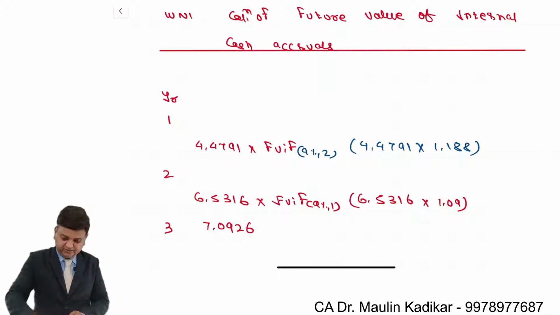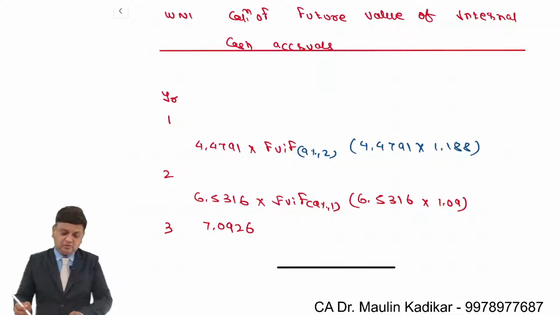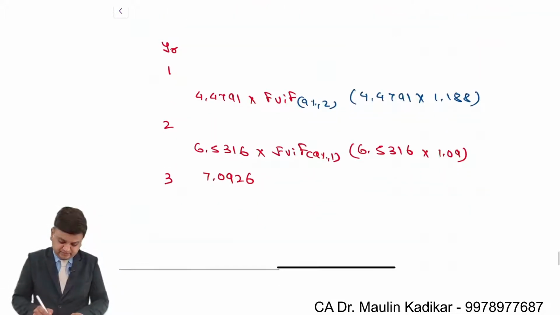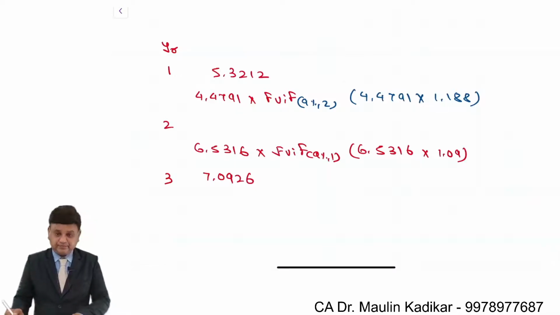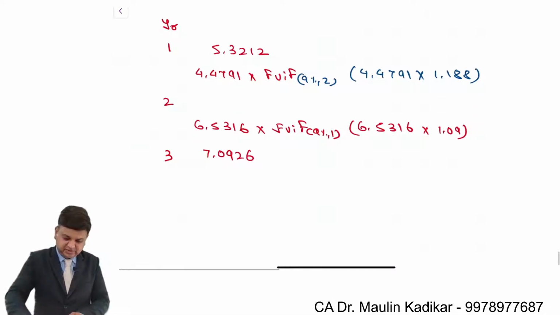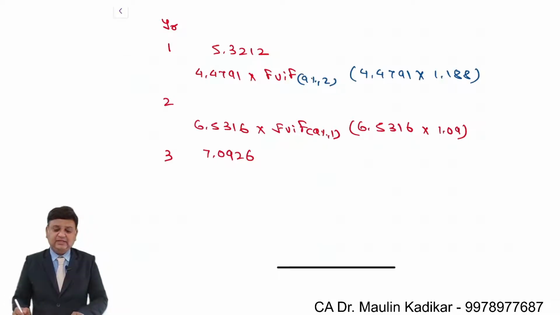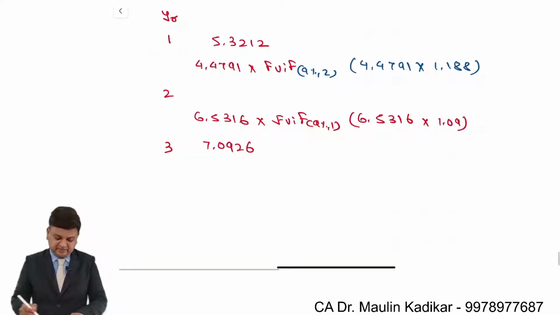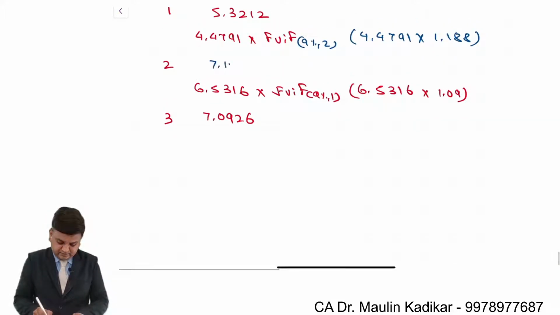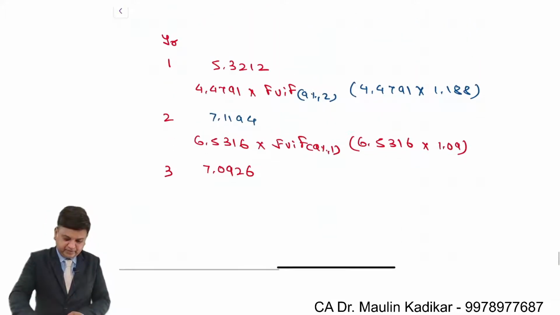4.4791 into 1.188. It comes to 5.3212. Next, 6.5316 into 1.09, 7.1194. 5.3212 plus 7.1194 plus 7.0926.